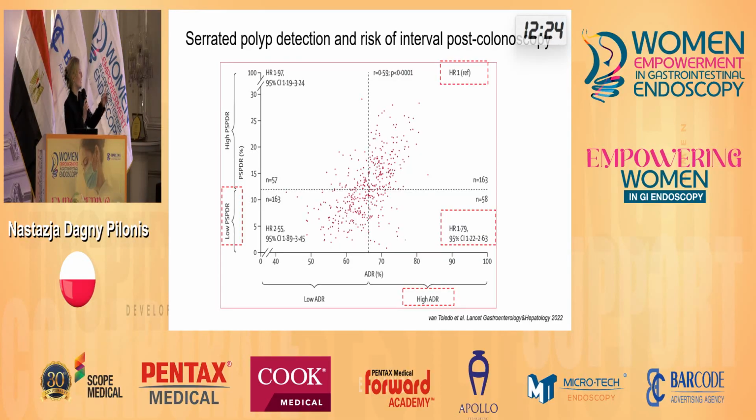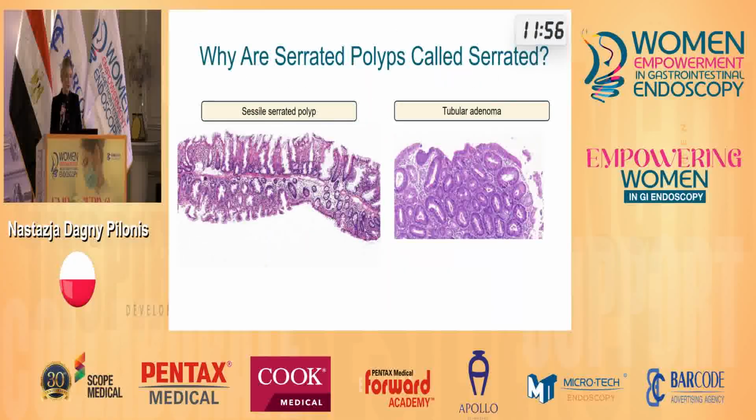You can see in the lower right square the hazard ratio for those who are very good at detecting adenoma, so they have a higher adenoma detection rate, but low detection of serrated lesions. Their patients have a higher risk of post-colonoscopy colorectal cancer, so cancer after a colonoscopy which was negative, where no lesions were detected. It emphasizes why it is important to be aware of and be able to detect those lesions.